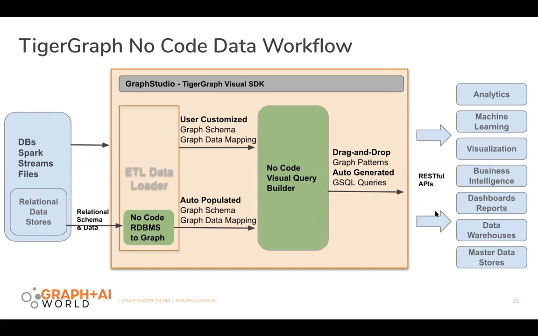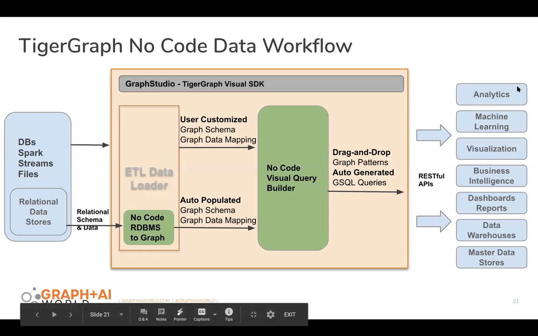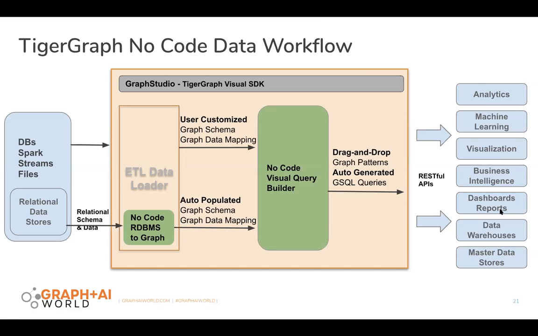With these two, you can get to the RESTful endpoint and get to the other analytics, your applications, and other business intelligence and dashboards, all those things that you are using on top of TigerGraph. And of course, this is not the only path. As I mentioned, you can import from many other data sources and just use the regular ETL data loader, looking at your own graph schema and data mapping.